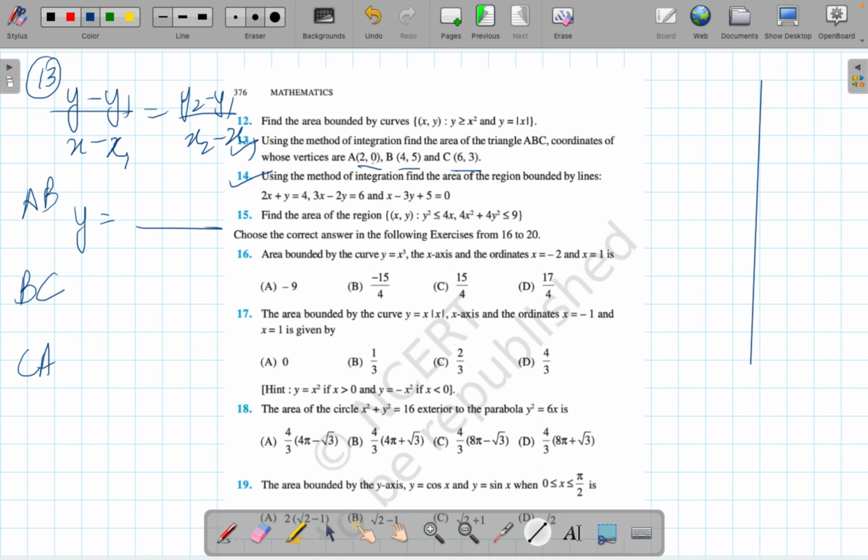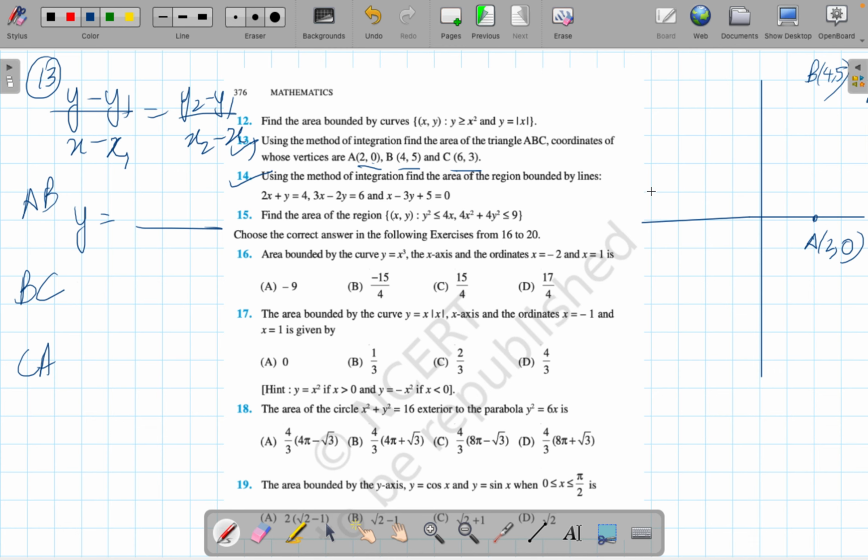If you want I can show you quickly, but you are supposed to do this question on your own. So I'm just taking x is 2, y is 0, so A is here 2 comma 0, B is 4 comma 5, so somewhere here is the point B, and then we have 6 comma 3. 6 comma 3 is another point somewhere that side.